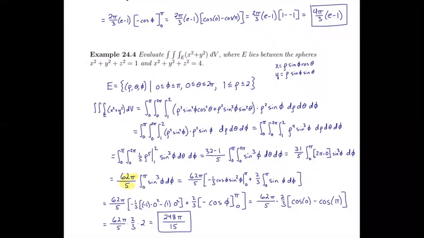Now we're integrating sine cubed of phi from 0 to pi, and we can use the trig integral technique of sine cubed phi equals sine squared phi times sine of phi, with the Pythagorean identity substitution 1 minus cosine squared phi equals sine squared phi, and use the extra sine phi as a part of a u substitution.